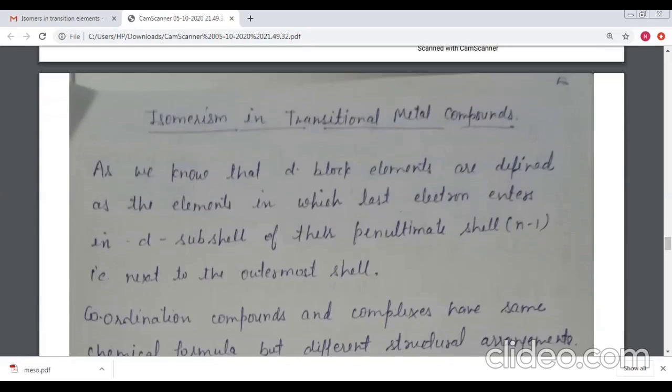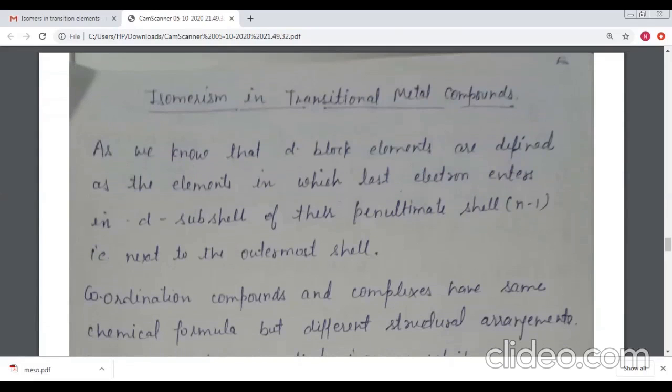Now come to the topic of isomers in transition metal compounds.